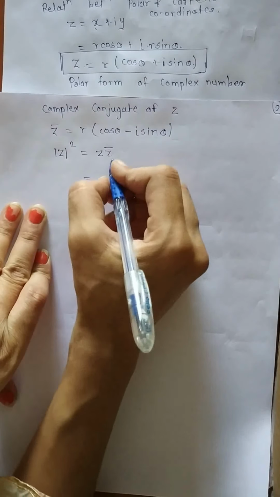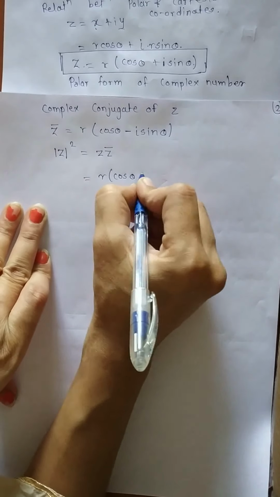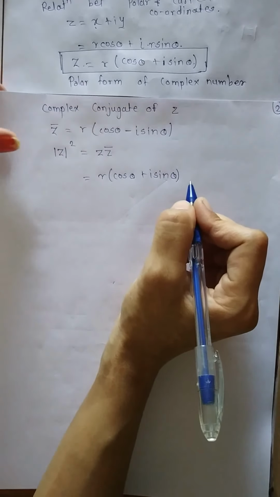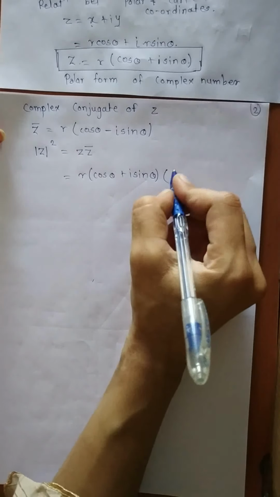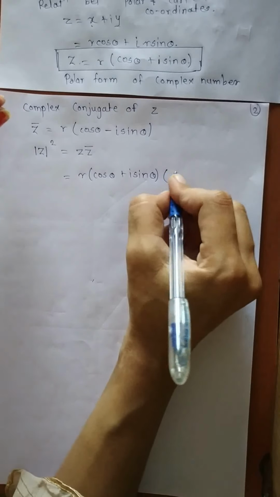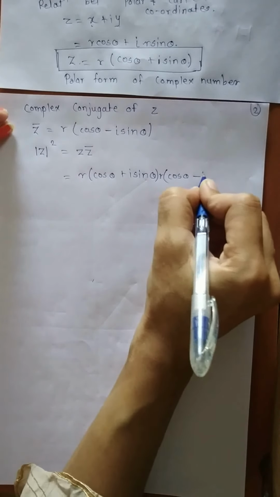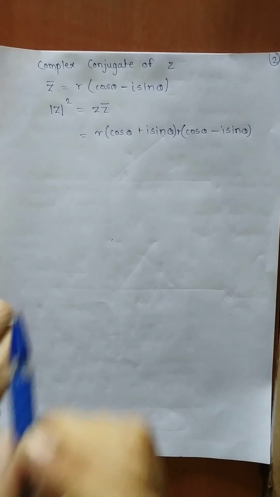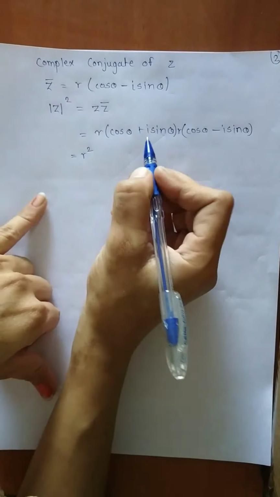So z is r(cos theta plus i sin theta), multiplied by z bar, that is again r(cos theta minus i sin theta). Now we have to take this multiplication. So r into r will be r square.